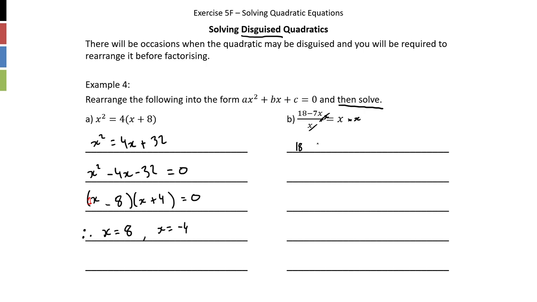That cancels, so we're left with 18 minus 7x equals x squared, so we get x squared plus 7x minus 18 equals 0, and negative 18, that'll be a 9 and a 2, most likely, and positive 9 minus 2 gives me 18 in product, positive 9 take away 2 gives me 7. So x plus 9, x minus 2 equals 0, therefore x equals negative 9, positive 2.